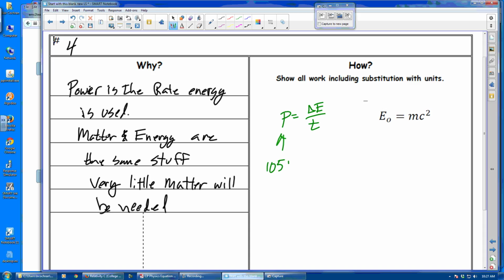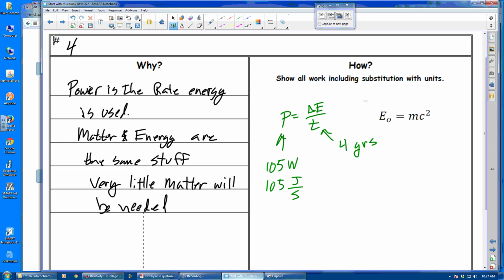Because your power, like mine, is 105 watts, which is 105 joules per second, but I'm given a time of 1 year, and years and seconds don't align. So I either need to change power into joules per year, which I could do, or change 1 year into however many seconds it is, right?